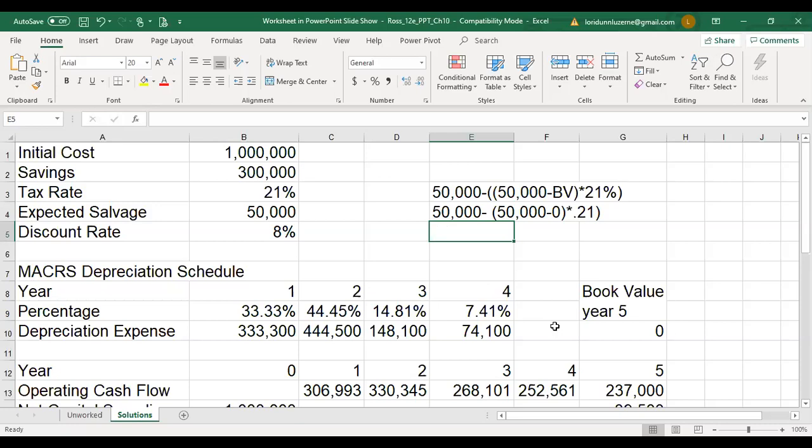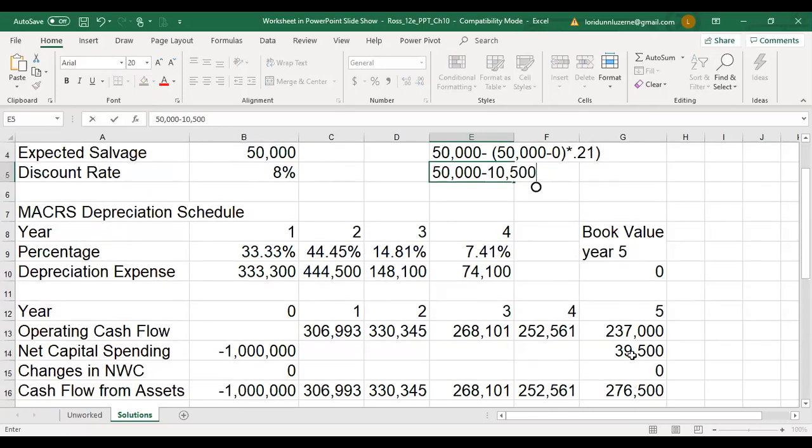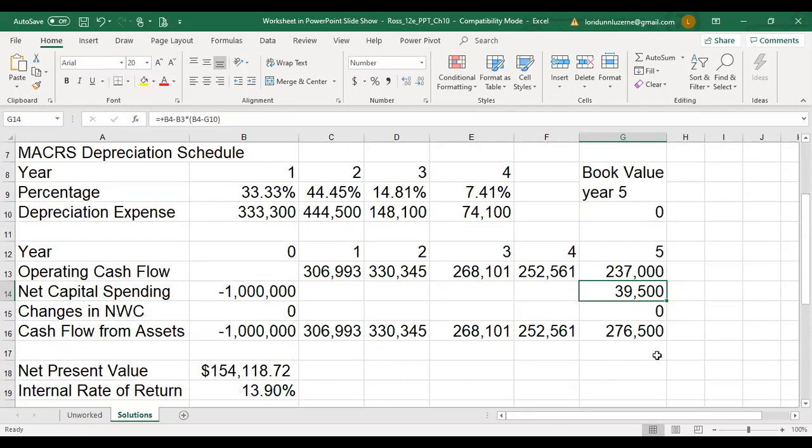So 50,000 minus 10,500 will give us $39,500. That's how they determine that. That will be an inflow. That's the net inflow. We get 50, we got to pay 10,500 of tax on that 50. 39,500 is what we'll have at the end. So now we have our cash outflow and all of our cash inflows for the 5 years.